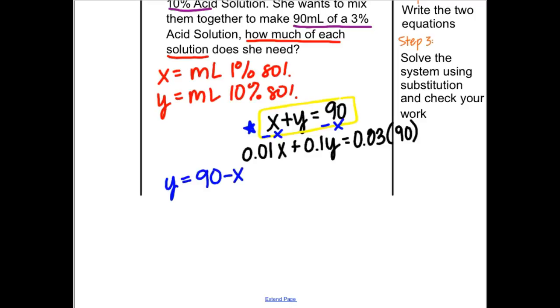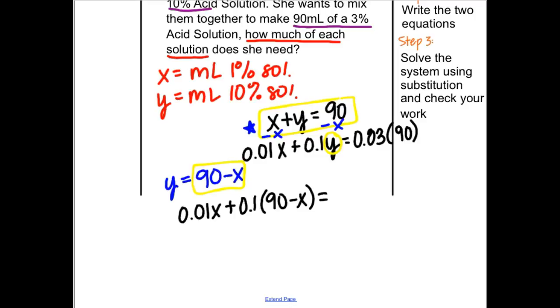Now, I need to substitute this in for y. Putting that in there, I have 0.01x plus 0.1 times y, which is 90 minus x, equals, and I need to take 0.03 times 90. Well, 3 times 9 is 27.